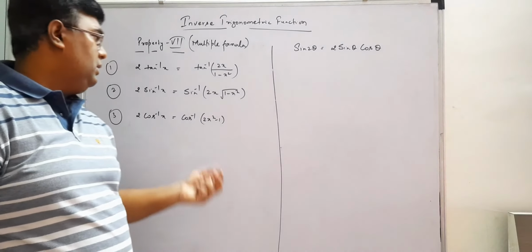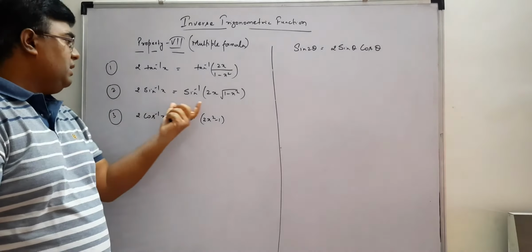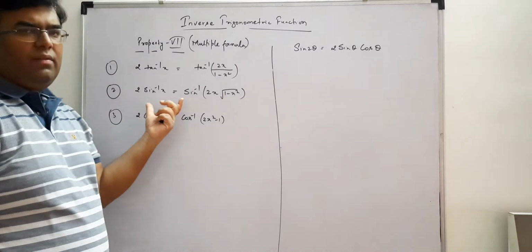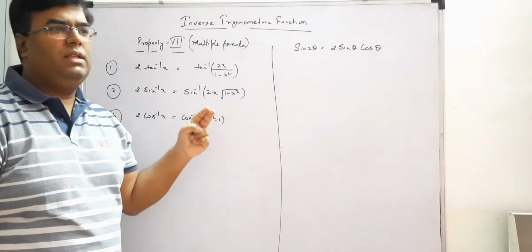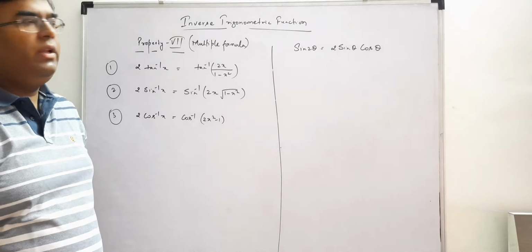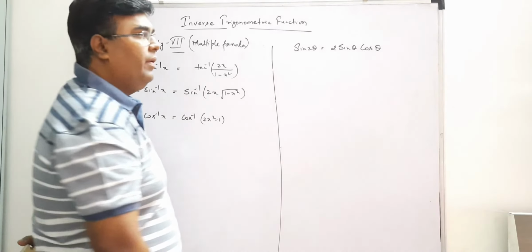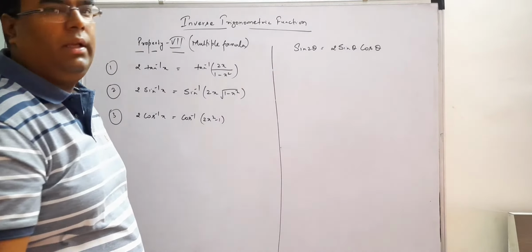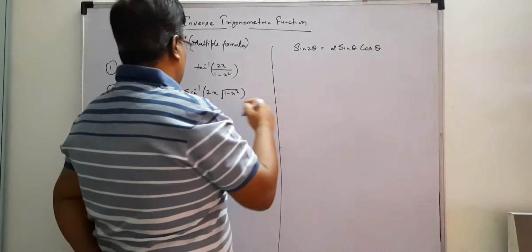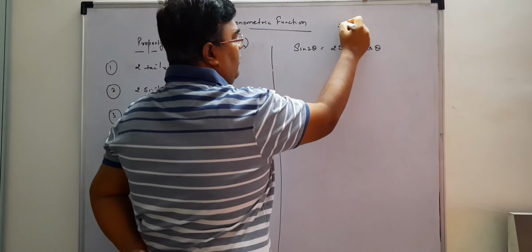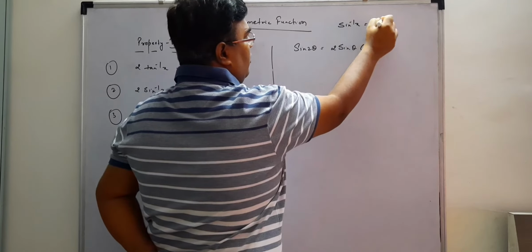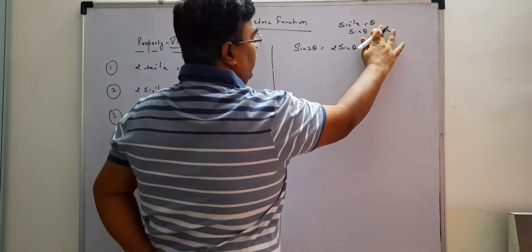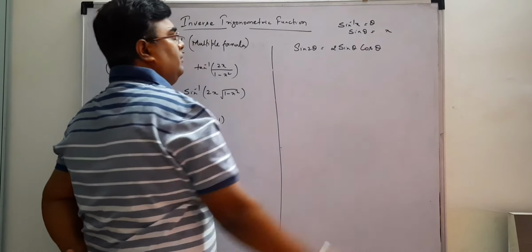Okay, let us see the second one, which is 2 sin inverse x is equal to sin inverse of 2x root over 1 minus x square. Here also we can find it using the formula sin inverse x plus sin inverse x. We already know that formula, or we can use this formula, which is sin 2 theta is equal to 2 sin theta cos theta. Now for this we have taken sin inverse x is equal to theta, so my sin theta is x, right?